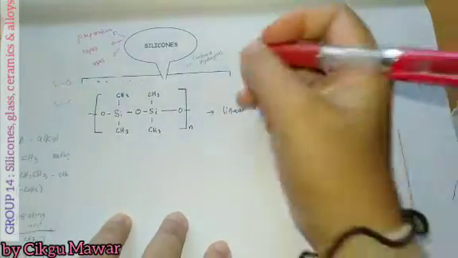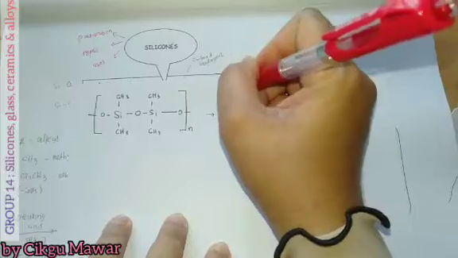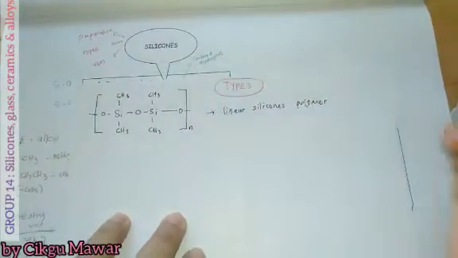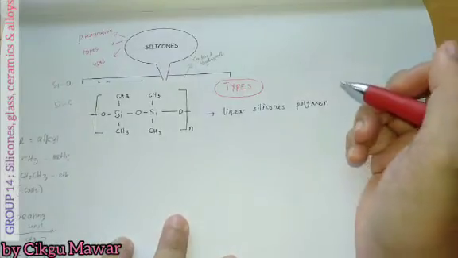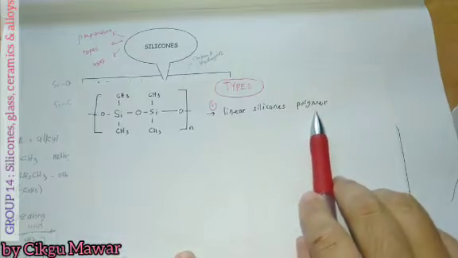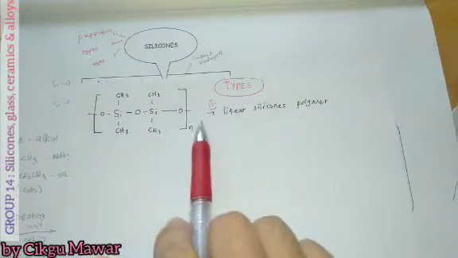Now I move to the types of silicon. We have three types of silicon. The first one is linear silicone polymer, which is in one chain only, one linear shape.